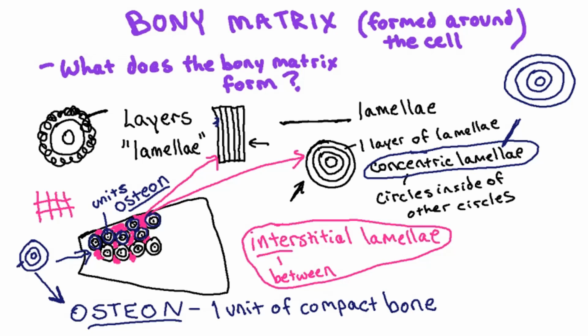But within those rings we have an artery coming out of there, we have a vein coming out of there, and many different things. So the entire unit with everything else that goes along with it, the artery and the vein and all of the different little features, that's what's called the osteon.